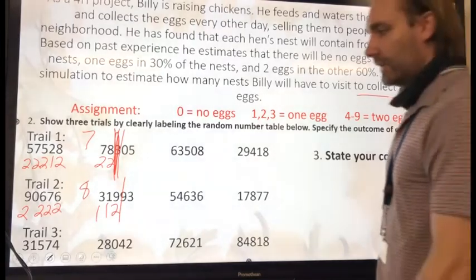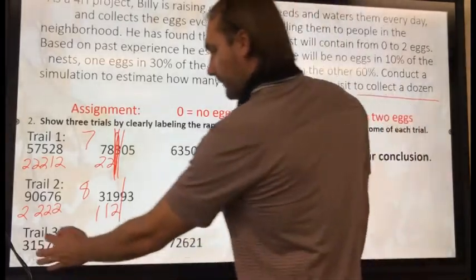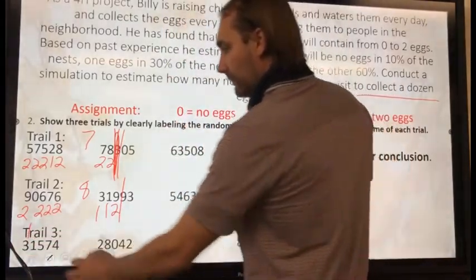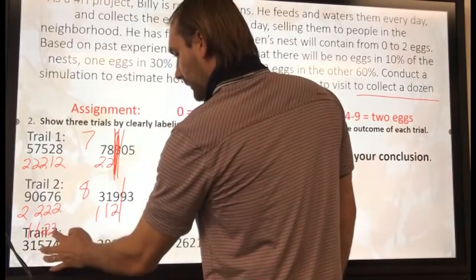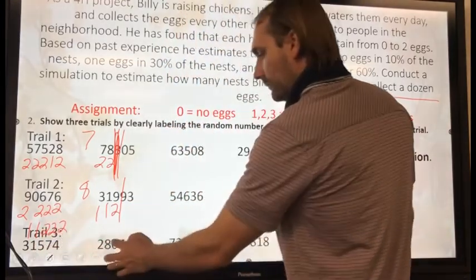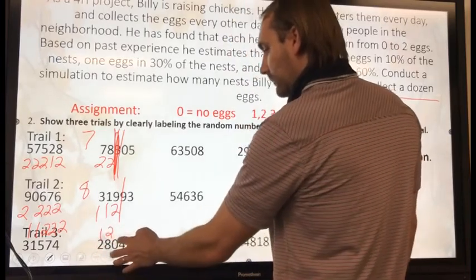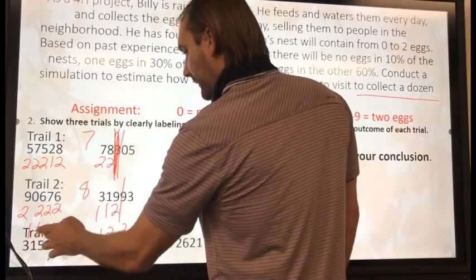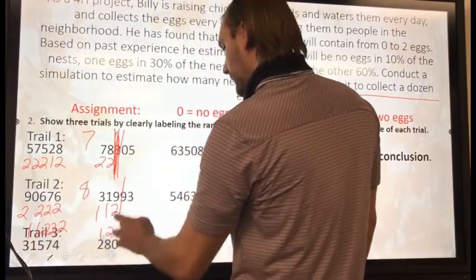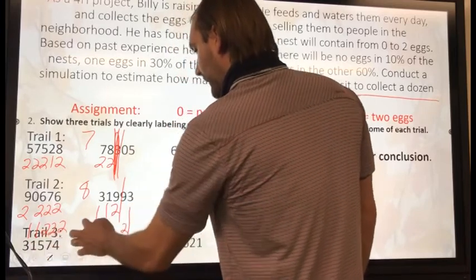Trial 3. 3 represents 1. 1 represents 5, 7, 4, 2, 8, 0, 4. Let's see, we got 12 right here. So it took us 9 visits.